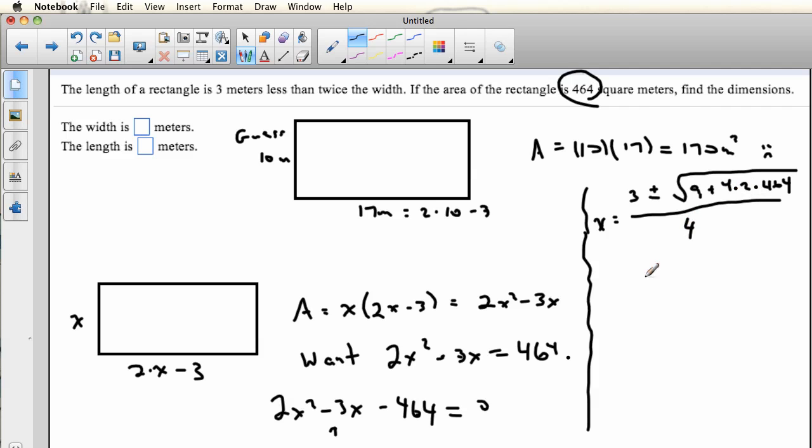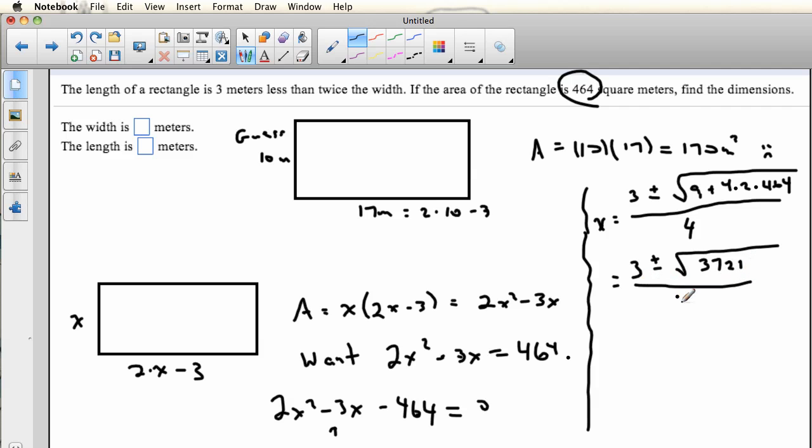So what I really need to know is, what is this giant thing under the square root sign? And so that's just arithmetic, so I'll get my calculator and I'll find out that 4 times 2 times 464 plus 9 is equal to 3,721.